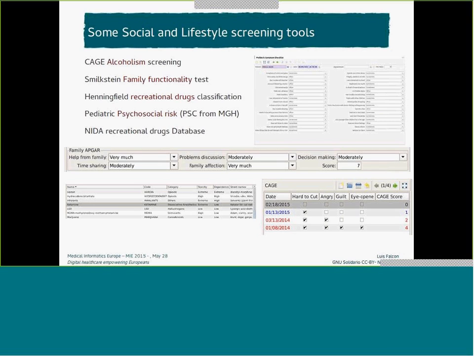It also shows you the level of risk that this person has to alcohol, and it will give you the trend and let you see how that person is progressing with her or his disease. We incorporate recreational drugs classification and the Smilkstein family functionality test, among many others.